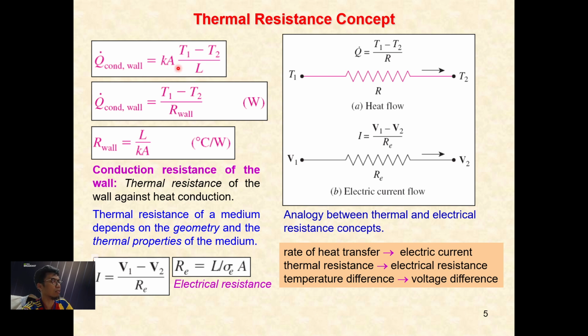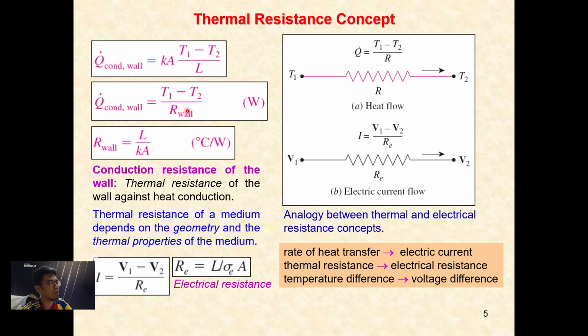We divide this equation by kA, and also divide the right hand side by kA. So you can simplify the first equation to the second equation, where Q conduction of the wall is equal to T1, the higher temperature, minus T2, the lower temperature, divided by R wall, or the wall resistance.